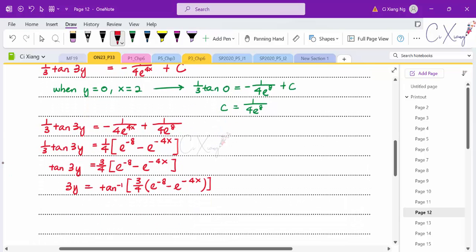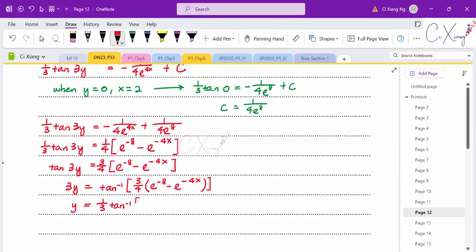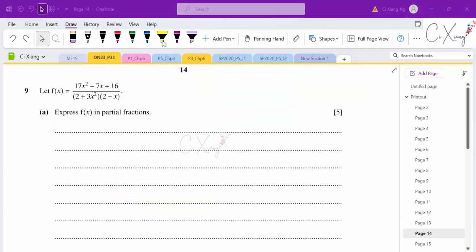Then next one, how to get the y? So y is 1 over 3 tangent inverse 3 over 4. Okay, yeah, so we successfully expressed the equation y in terms of x. Okay, so this is how we get the answer for question number 8.